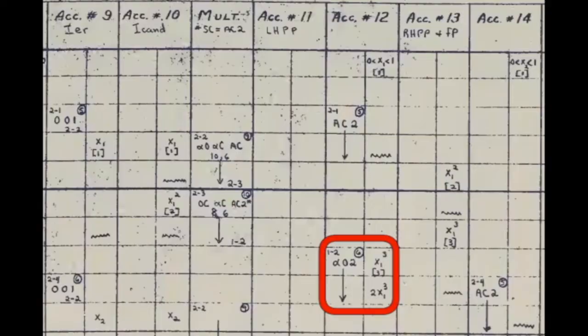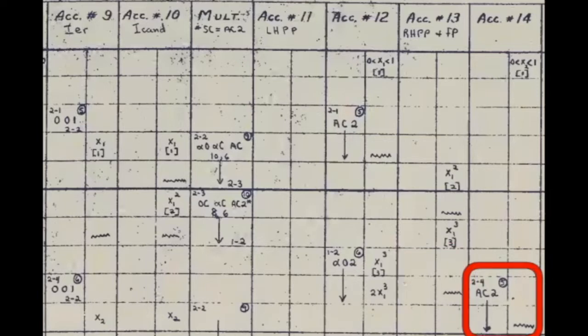Now, if we look closely at this figure, we see in accumulator 12 the operation of it receiving a number twice. We don't see anything drawn in on those same time steps for accumulator 13. But accumulator 14, in the second of those time steps, begins its own transmission of data twice.